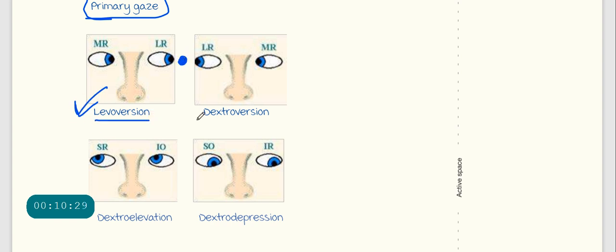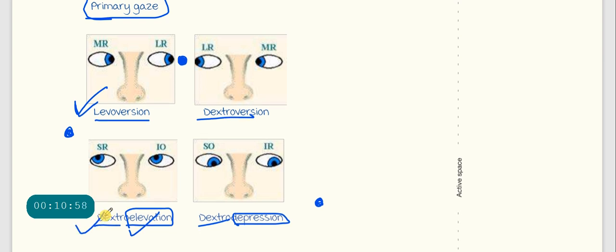Then there is dextro elevation. So eyes would be a little elevated. You are looking at this corner in this image, and this corner in this image. This is dextro depression and this is dextro elevation. After dextro elevation and depression comes the levo elevation and depression. So here you can see the levo elevation.